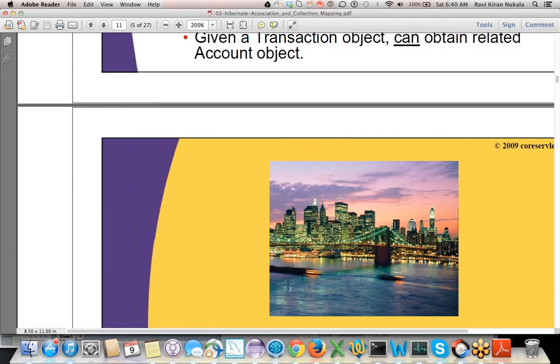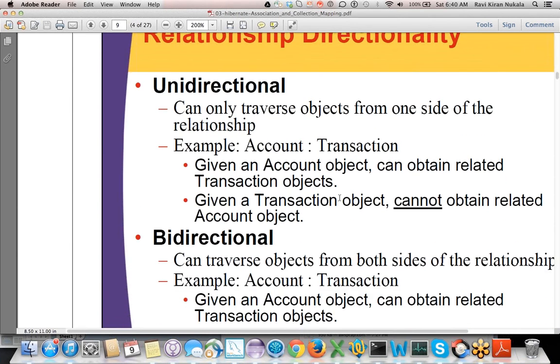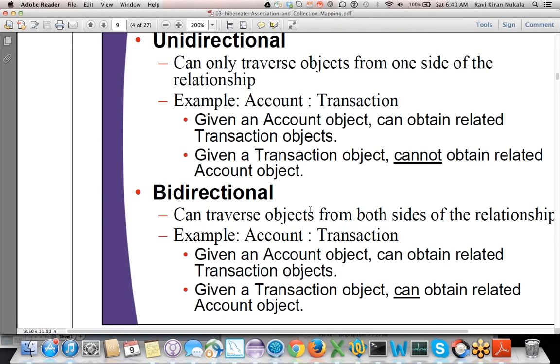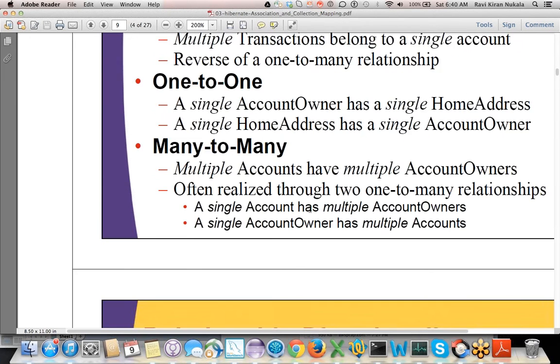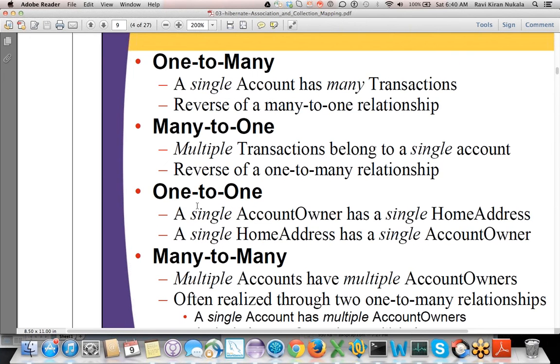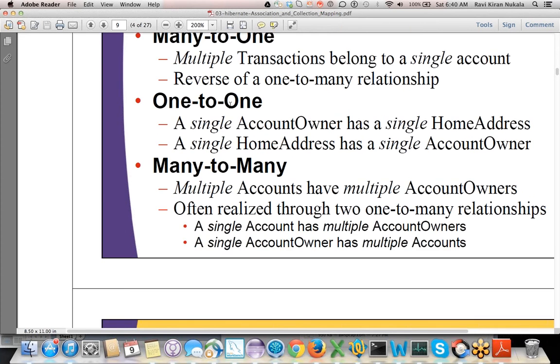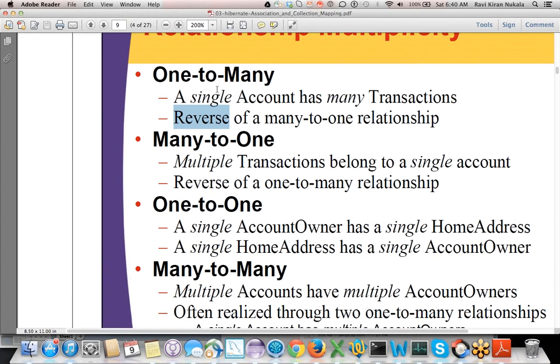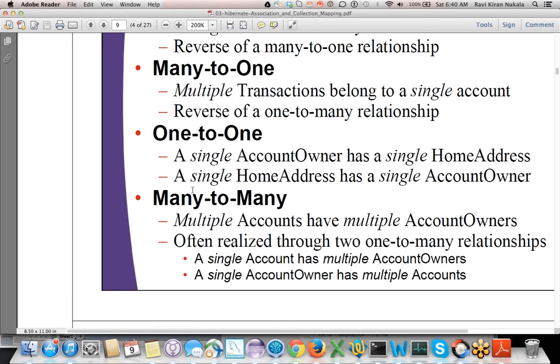If you can traverse from both sides, then it is bidirectional, otherwise it is unidirectional. But one to one can also be bidirectional, is what I'm trying to say to you guys. So one to many, many to one, and one to one can be bidirectional. If one to many is bidirectional, we say many to many.